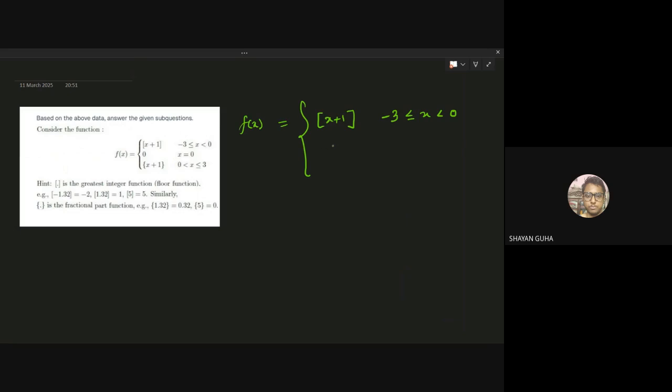The value of f(x) is 0 when x equals 0, and curly bracket x plus 1 when x is greater than 0 but less than or equal to 3.